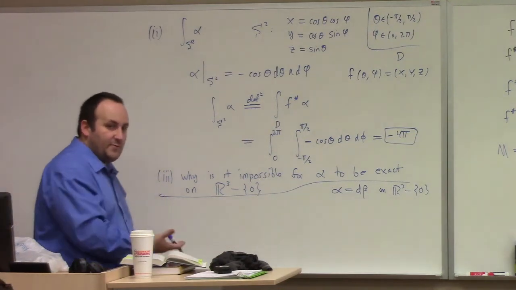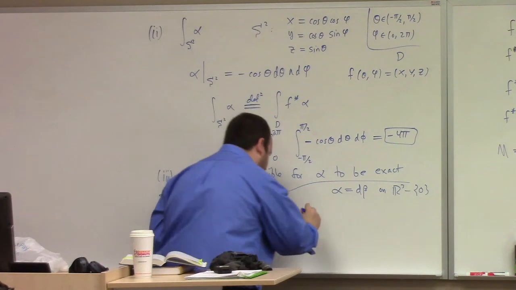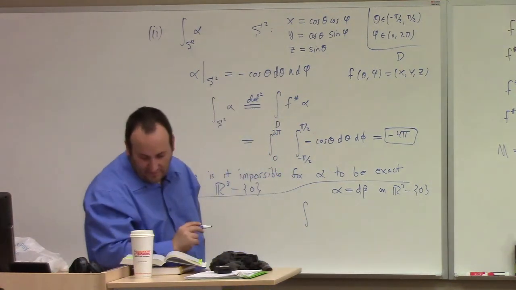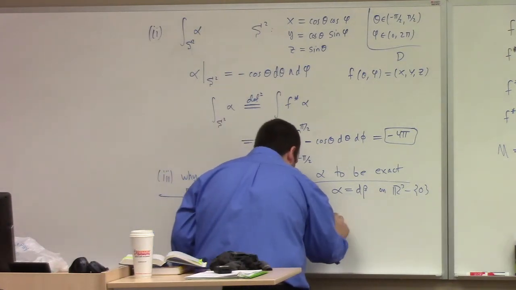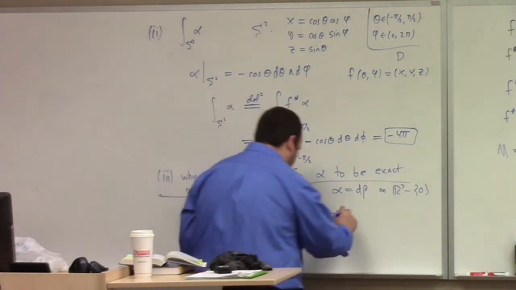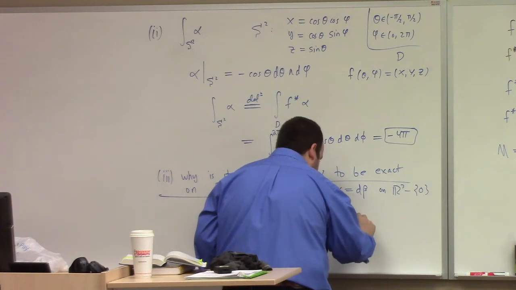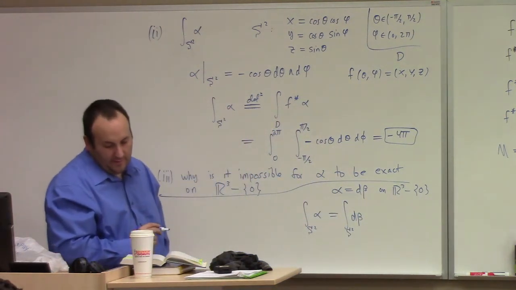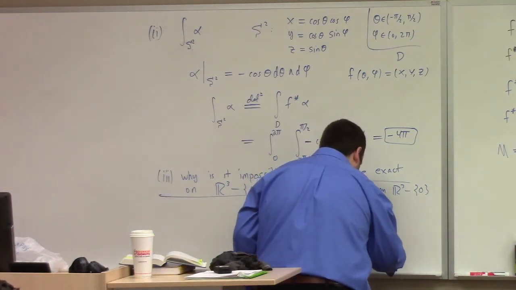And on the 2-sphere, we have the generalized Stokes theorem because it's a compact oriented manifold, so we can use it there. On S2, the integral of alpha would equal the integral over S2 of d beta, if it were exact. And that would be equal to the integral of beta over the boundary of the 2-sphere.